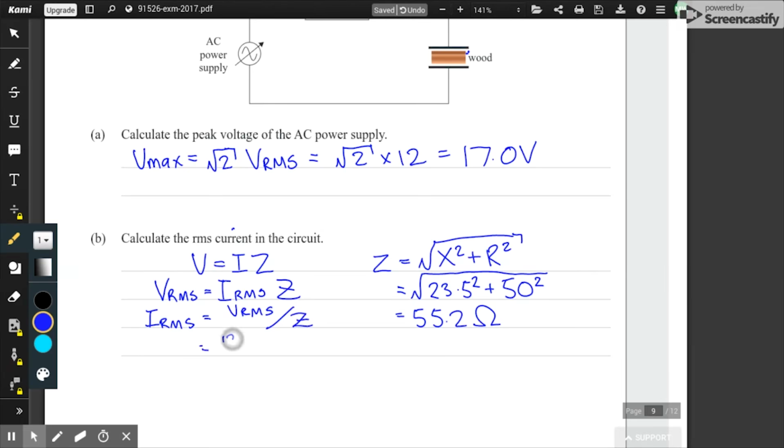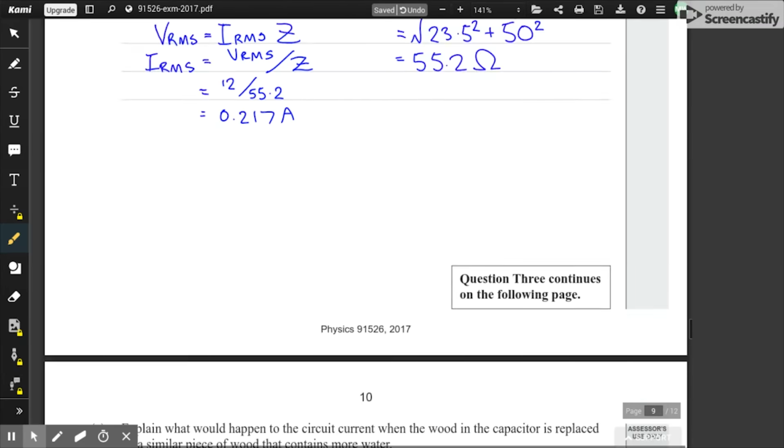Putting our numbers in gives me 0.217 amps.